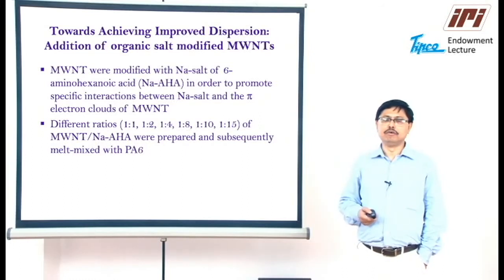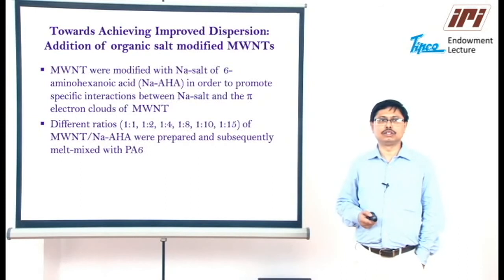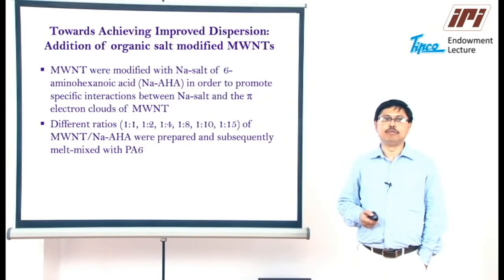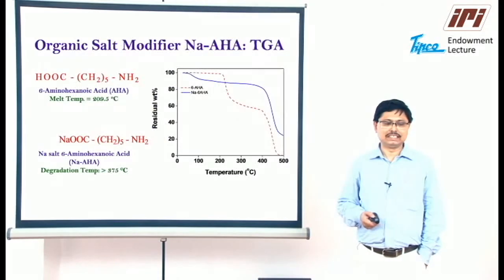We made mixtures of multi-wall nanotubes with NaHA, the sodium salt of 6-aminohexanoic acid, at 1:1, 1:2, 1:4, 1:10 and 1:15 different ratios, and then melt mixed them with the polyamide 6 matrix.